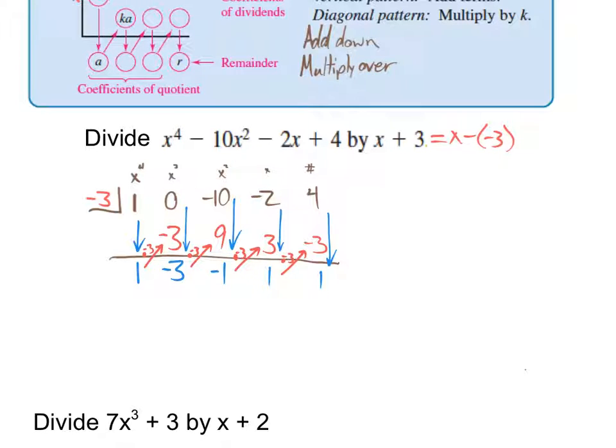So my answer here is going to be 1x cubed minus 3x squared minus 1x plus 1, and then what was below the constant term is now going to be our remainder. So it's now plus 1 over x plus 3.